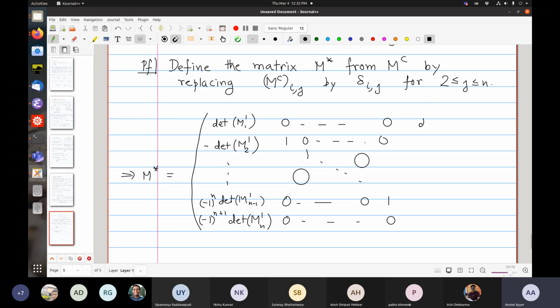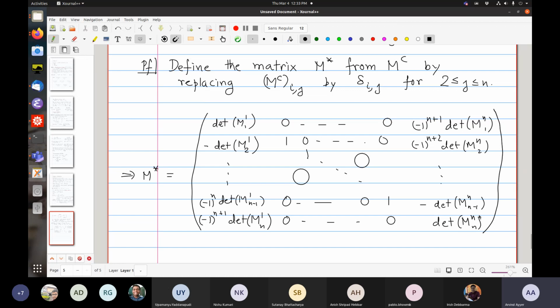And so then I'll have minus 1 to the n plus 1, determinant of Mn1, minus 1 to the n plus 2, determinant of Mn2, and so on, up to minus determinant of Mn,n minus 1 and determinant of Mnn.